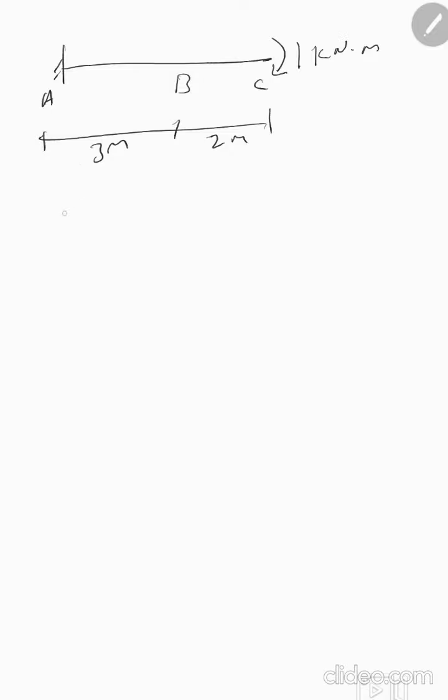So take moment around A equals 0. MA minus 1 equals 0, so MA equals 1. The other part is equal to 1. You can check by your own.